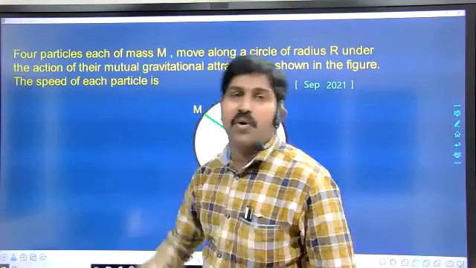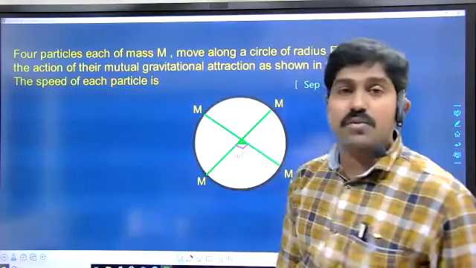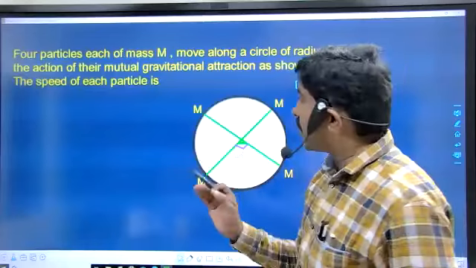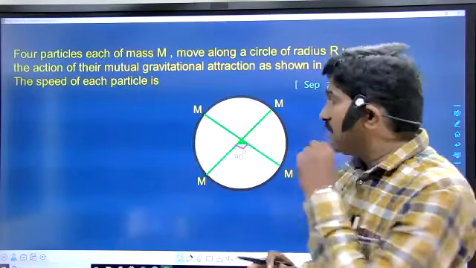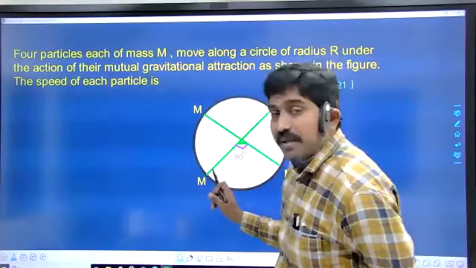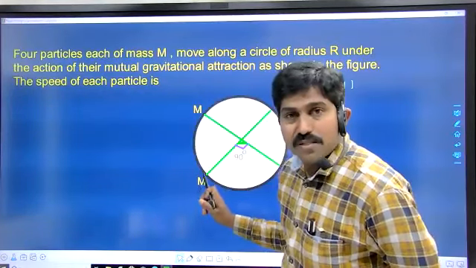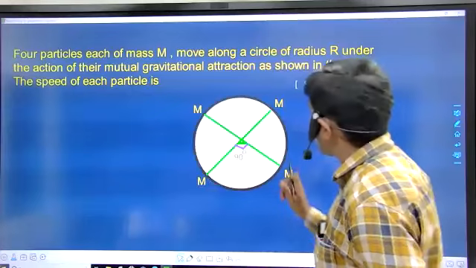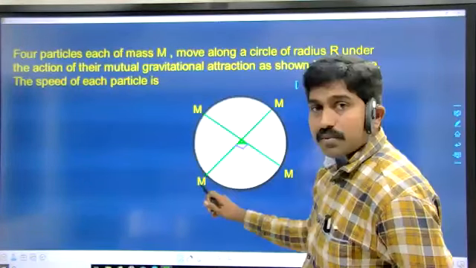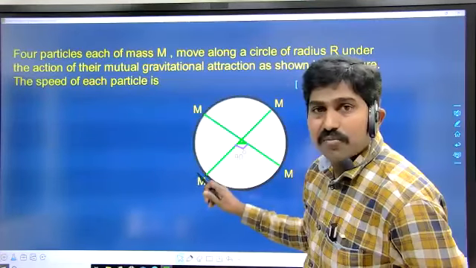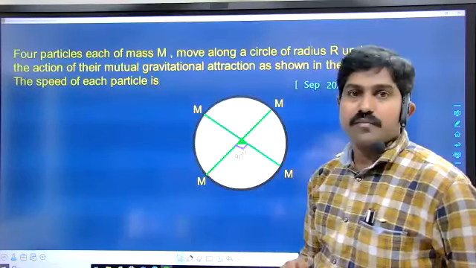In similar models of previous questions, how we solved this, I think you remember: the gravitational force experienced by any particle due to all the other masses is equal to the centripetal force of that particular particle.